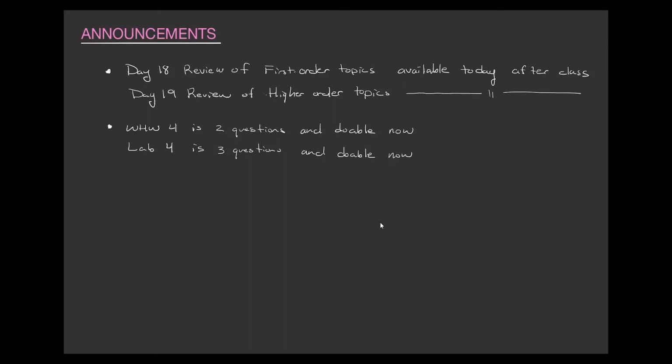At the same time, written homework 4 and lab 4 are doable currently. Lab 4 is in fact just looking at Euler's method, something you've done. It's just doing it in a lab format. And written homework 4 is 2 questions. I just looked at them, but then I forgot exactly what they were.